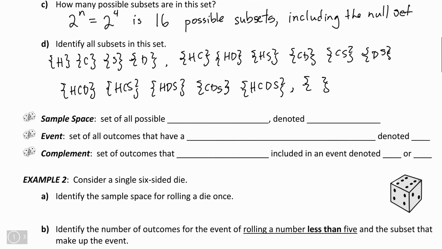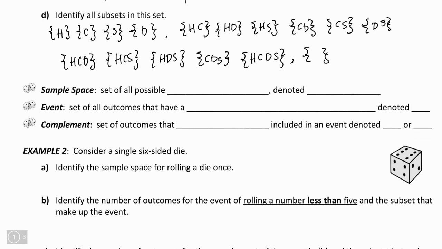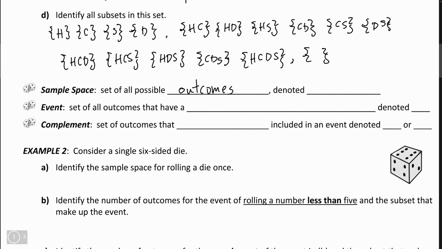Okay. Next definition, sample space. The sample space is the set of all possible outcomes. Think of our classroom again. Our classroom might be a set, but the school could be an entire sample space, because the school contains many more students, many more names.